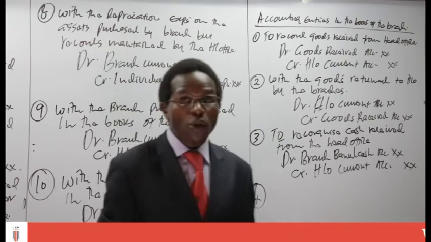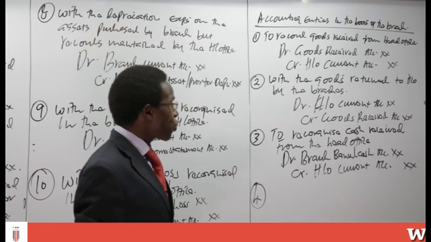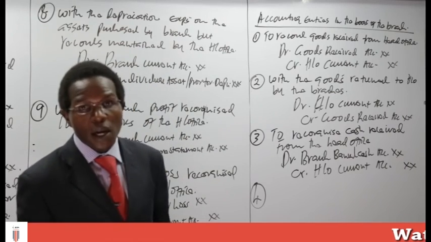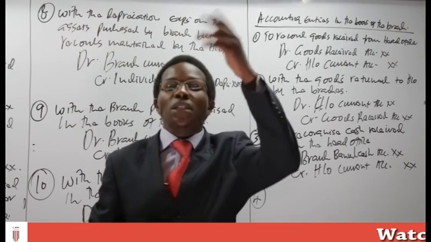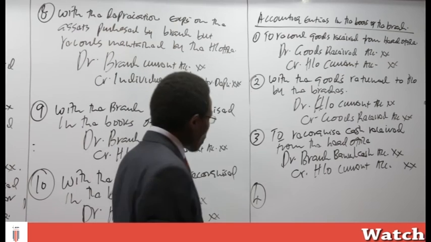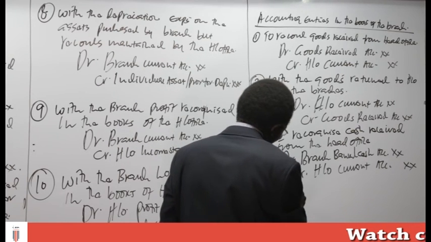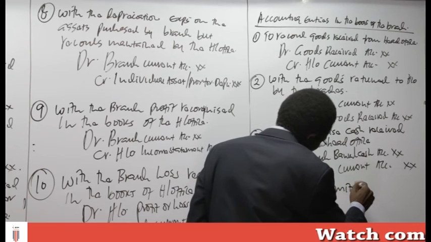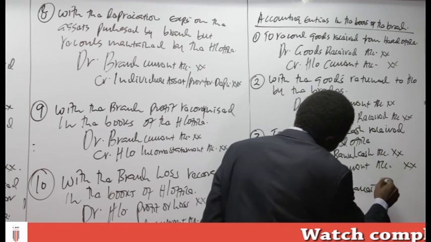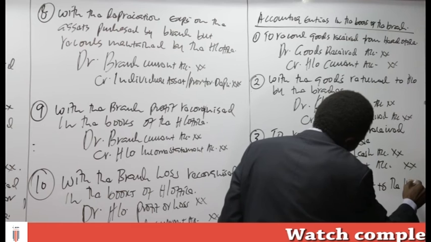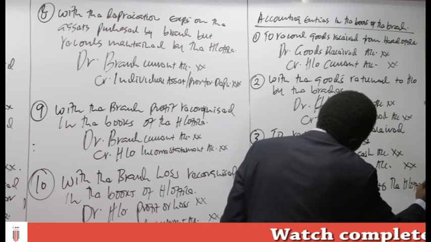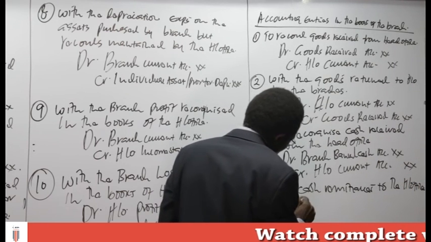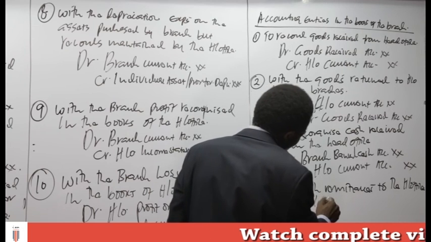Then number four, apart from the recognition of cash received from the head office, we may now be remitting some cash to the head office. What if we remit? So with cash remittances to the head office, we need to debit the head office current account.